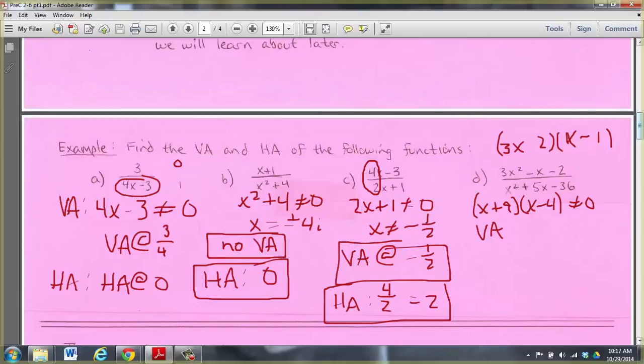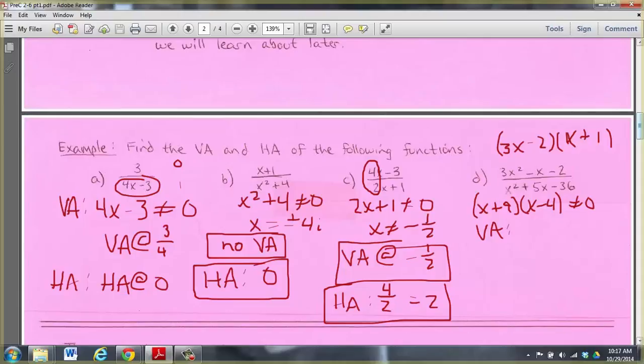Alright, so that's going to be actually a plus there and a minus there. Okay, what happens if something cancels is that it still can't be at that spot, but all it is a hole. Now, I don't know if we're going to have that type of situation in this class, but you will in calculus.